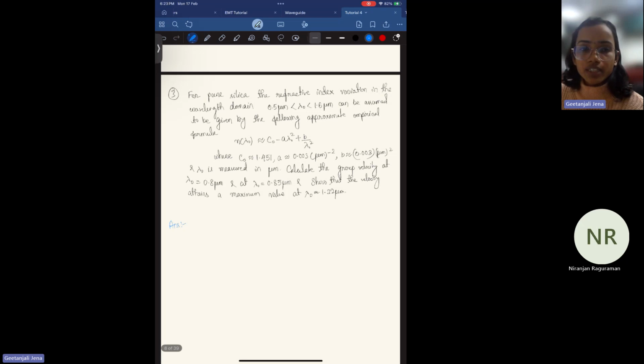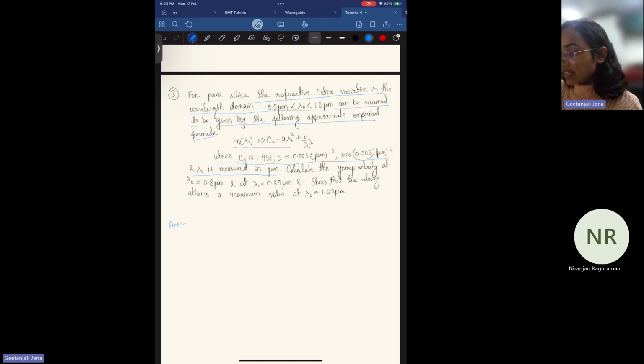So let me read out the question. For a pure silica, the refractive index variation in the wavelength domain 0.5 to 1.6 micrometer can be assumed to be given by the following approximate empirical formula: n of lambda 0 is C0 minus A lambda 0 square plus B by lambda 0 square, where the values of the constants are given and lambda 0 is measured in micrometer.